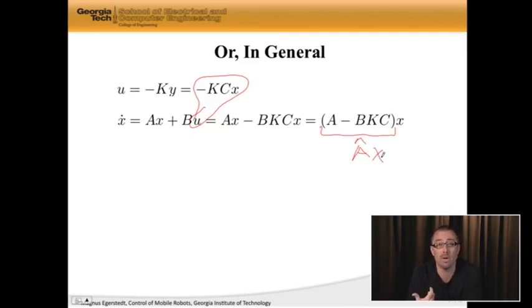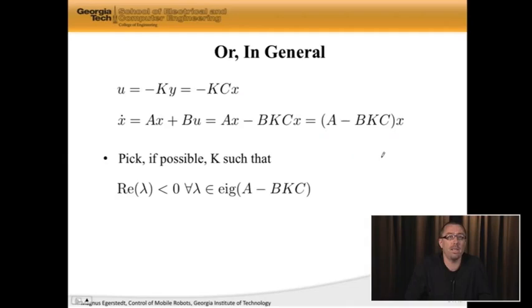And of course, our job is to pick K now, so that the real part of the eigenvalues of A hat is strictly negative. Or in other words, pick, if possible, K such that the real part of lambda is strictly negative for all lambda that is an eigenvalue of this new system matrix A minus BKC.